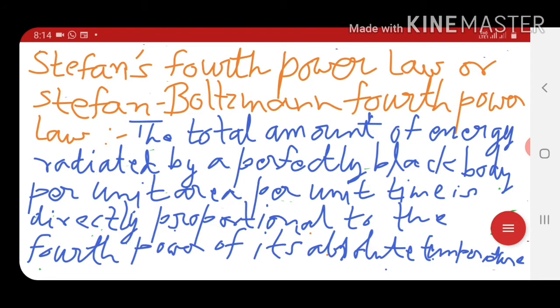According to this law, the total amount of energy radiated by a perfectly black body per unit area per unit time is directly proportional to the fourth power of its absolute temperature.